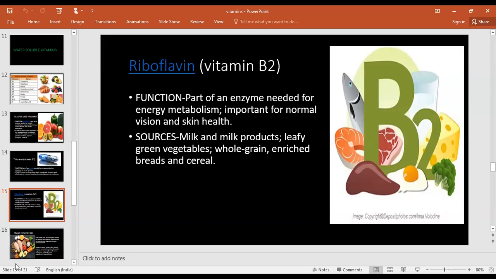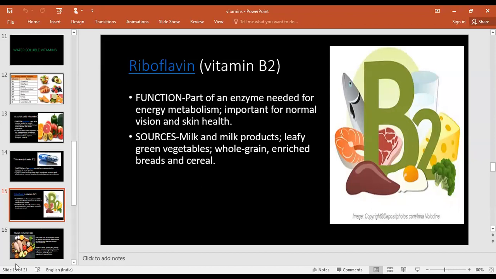All right. And if riboflavin is not in the required quantity, what will it do? Painful purple tongue, greasy inflammatory skin, reddening of cornea. Now who can tell me what are the main functions of riboflavin?